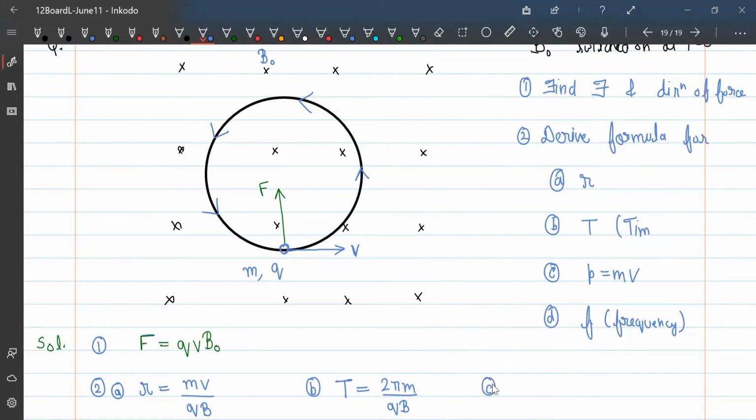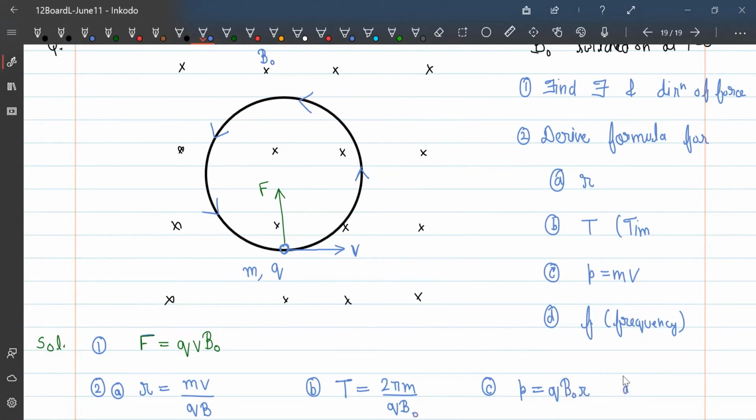Okay, tell me the momentum. mv. Now for the momentum, we can write just qB into the radius. Sir, r qB. R qB, correct.